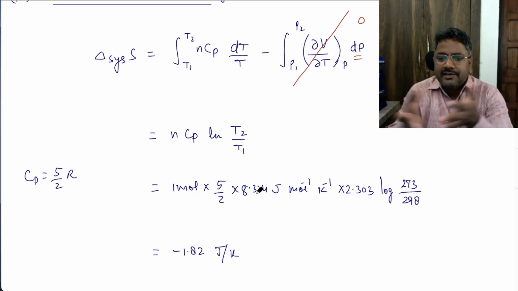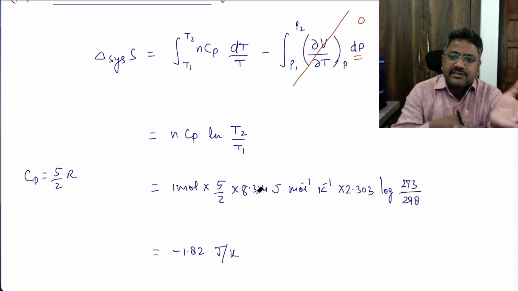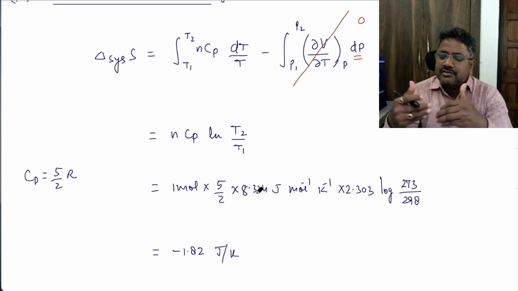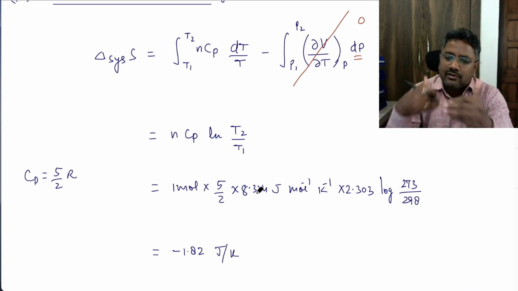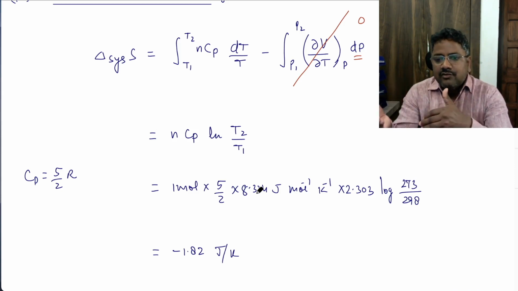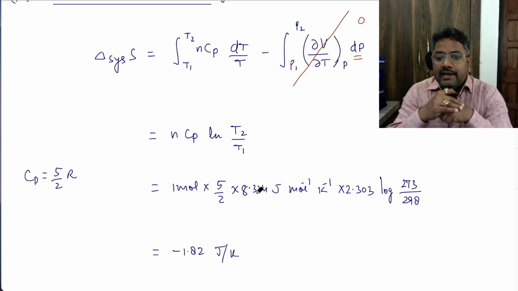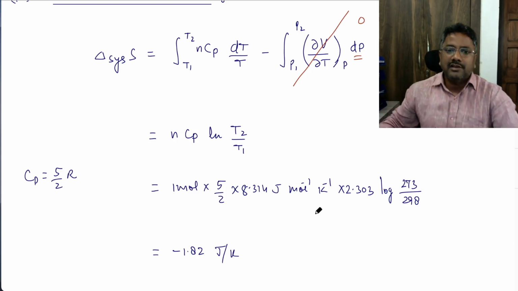So if everything is same, the gas is same, initial and final temperature are same, and one gas is heated or cooled under constant volume condition and constant pressure condition, then in which case will you have more entropy change? Whether it is an increase or decrease, under constant pressure condition it will have more entropy change compared to the constant volume condition, right?